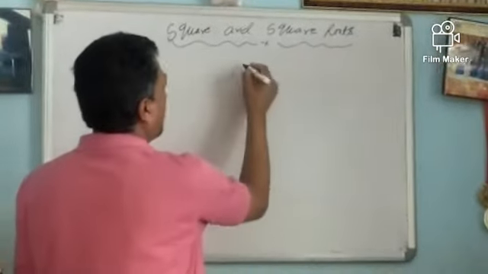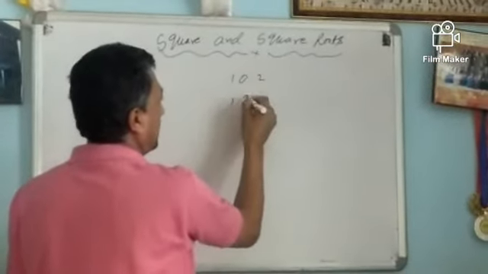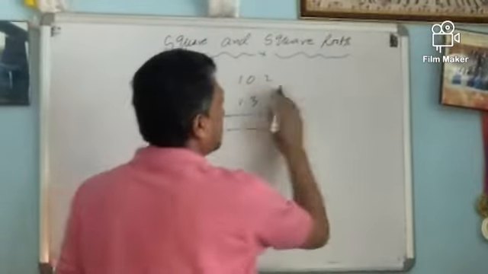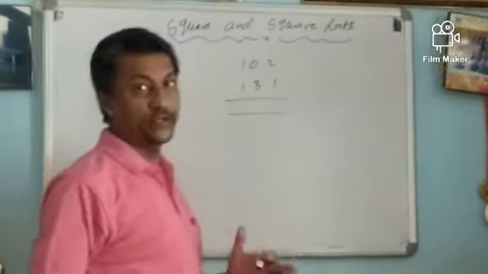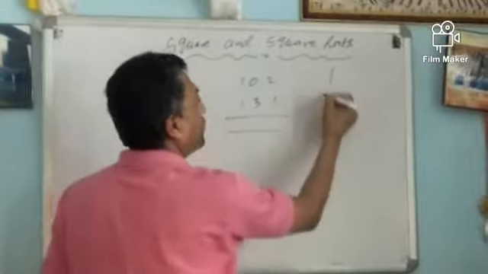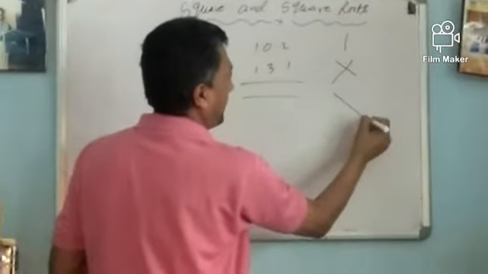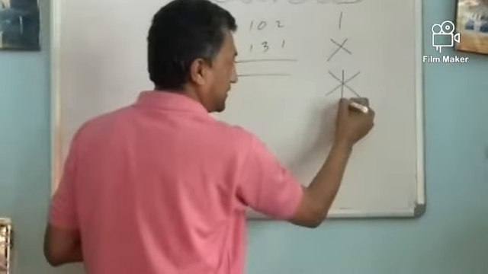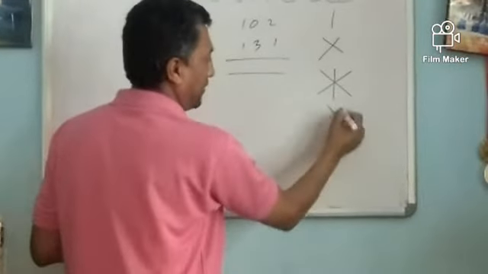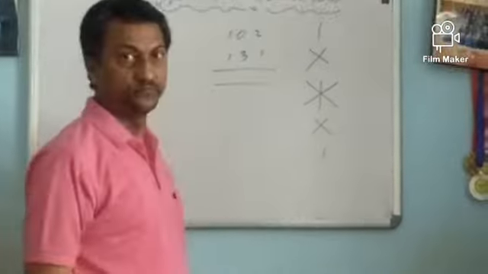Like take any number, 1 0 2 1 3, suppose 1 like this. Here 3 digits are there. What is the way to learn? Single, cross is double, and then triple. Triple means like this and this, and then again double, and then again single. What is the meaning?